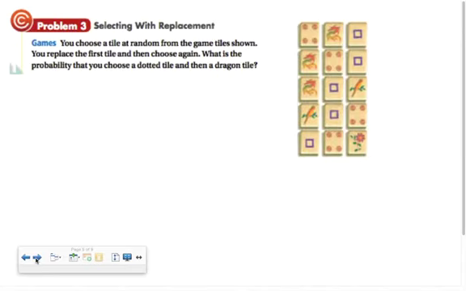In problem 3, we are looking at these mahjong tiles, and notice in this problem we are choosing a tile, replacing it, and then choosing again. So we have 15 tiles. So I'd hope that you'd realize any probabilities we find will probably have a denominator of 15 to start out with.